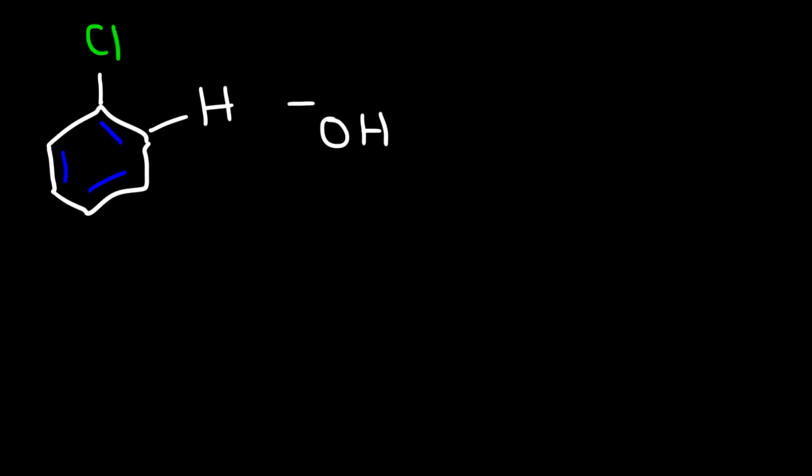So that's something I want to mention before we get into this mechanism. So now let's go into that mechanism. So here we have chlorobenzene. And in the first step of this reaction, we are going to remove a hydrogen. So hydroxide is going to act as a base when it's heated to 350 degrees Celsius, and it's going to take off the hydrogen.